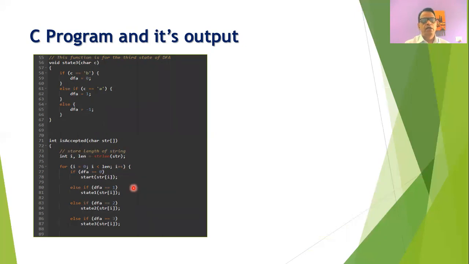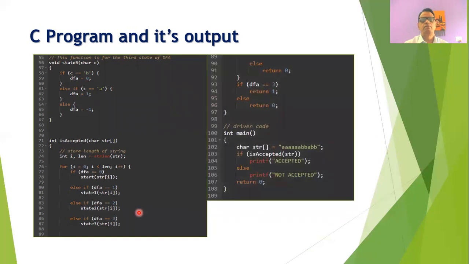If DFA is equal to 1, then we will call the function state1. If DFA is equal to 2, then we will call the function state2. If DFA is equal to 3, then we will call the function state3. Else we will return 0. Similarly, if DFA is equal to 3, it means that we are in the final state, and therefore we will return 1. Otherwise, we will return 0.